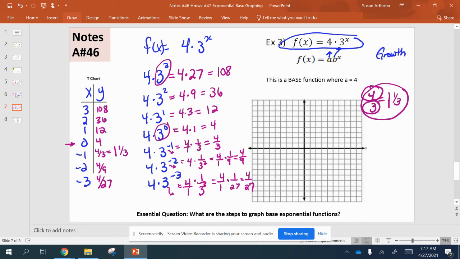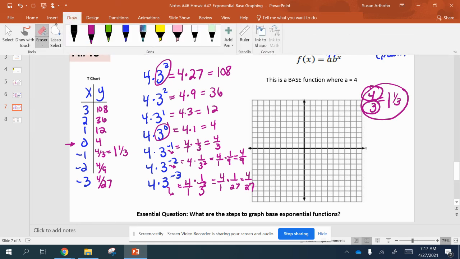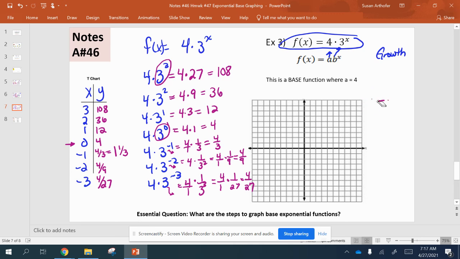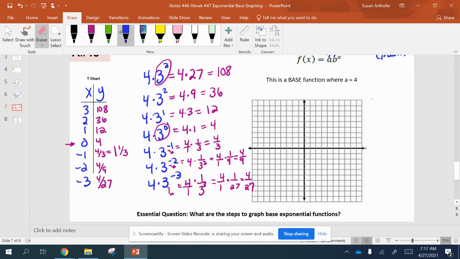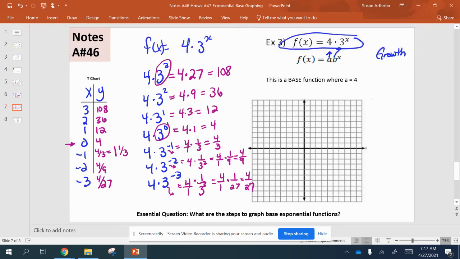Okay, here's our pattern, right? Filled in T-chart. Let's graph it. Okay, so let's start at the anchor point. 0, 4, 0 up, 1, 2, 3, 4.